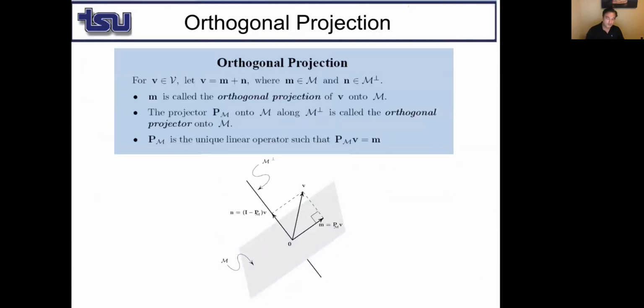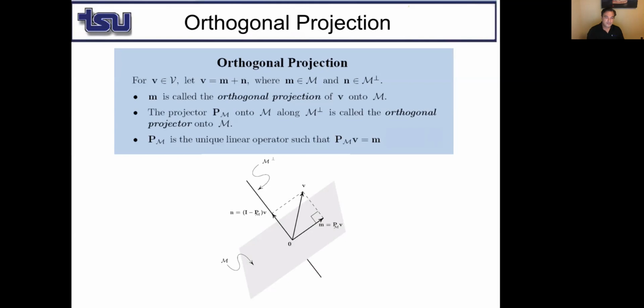Okay, so what's orthogonal projection? Assume that M is our subspace in this case, and assume that this is the orthogonal complement of M. For visualization purposes, I put a plane and a line, but think about high dimensions. So M is our plane, our subspace, and this is the orthogonal complement of the subspace.